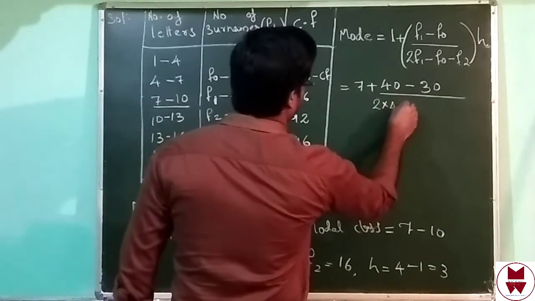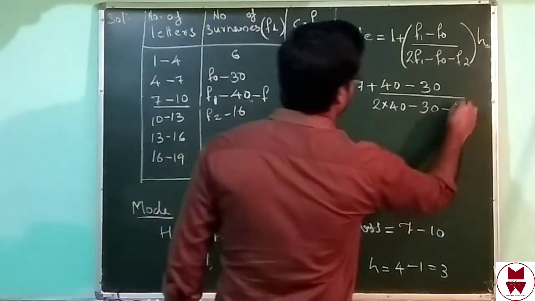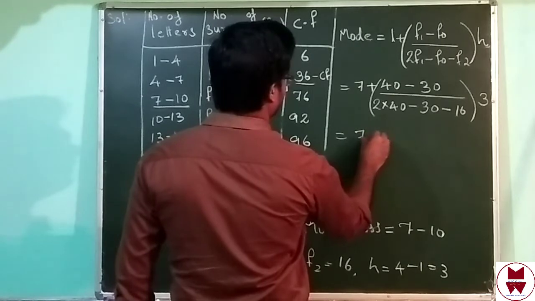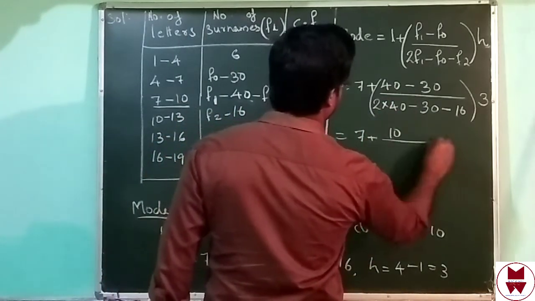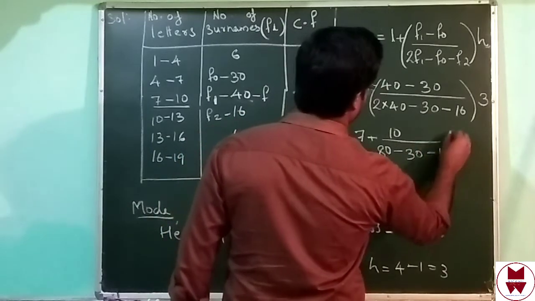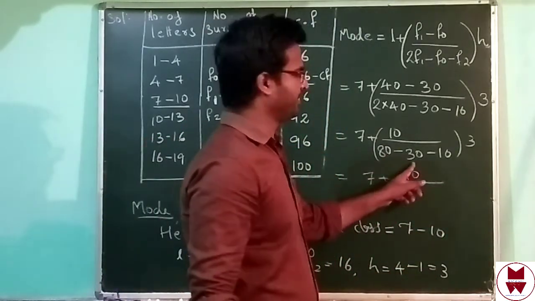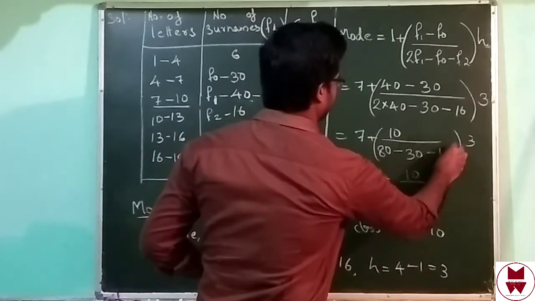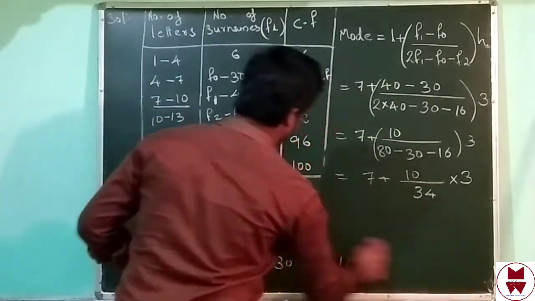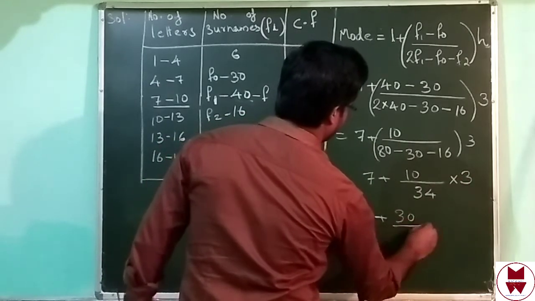F1 is 40 minus F0 is 30 minus F2 is 16 into H is 3. 7 plus 40 minus 30 is 10 divided by 2 into 40, 80 minus 30 minus 16, into 3. 7 plus 10 divided by 80 minus 30, that will be 50. 50 minus 16 will get 34, into 3. 7 plus 10 into 3, 30 divided by 34.